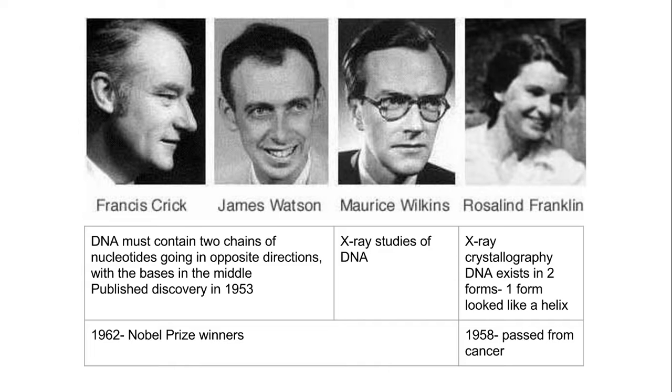Now, Rosalind Franklin was an expert at X-ray crystallography, and the photos that she was able to obtain of DNA showed us that DNA existed in two forms, and that one form in fact looked like a helix.